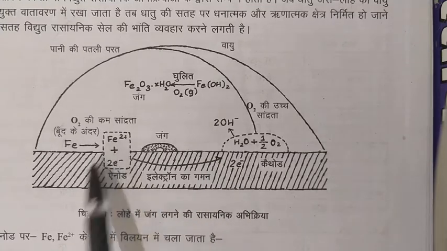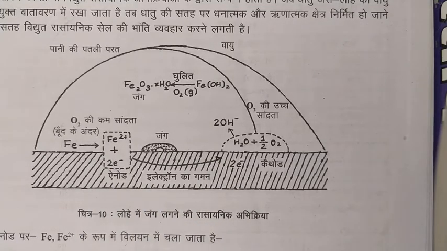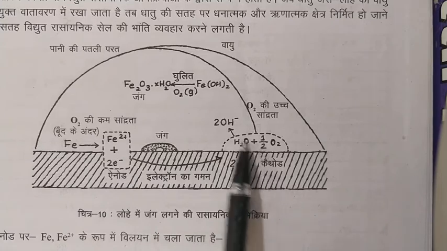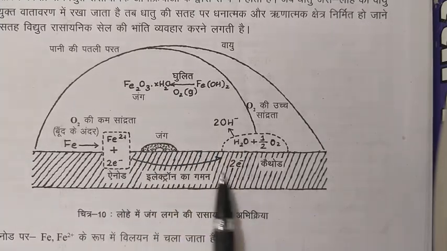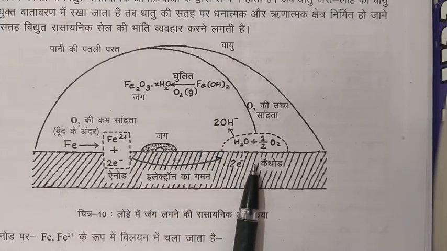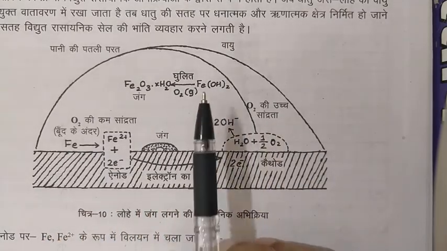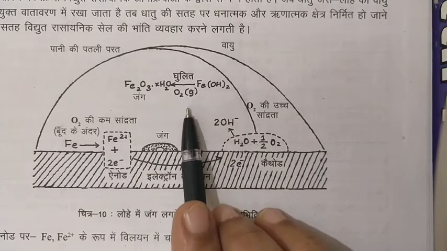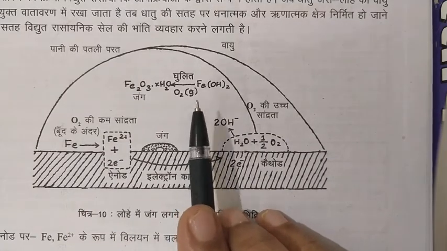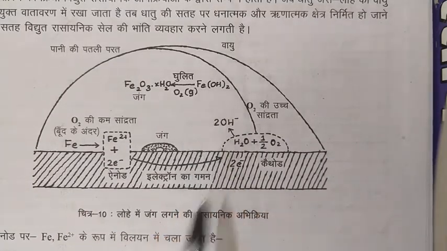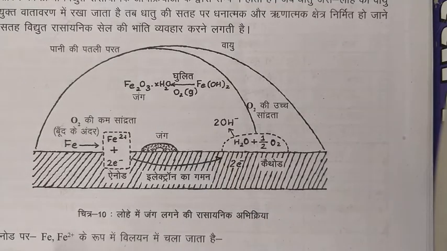This is the positive charge, so it is the anode, and here it is the negative charge, so it is the cathode. And this whole humid atmosphere behaves like an electrolyte.